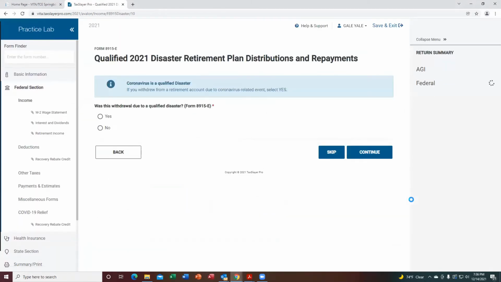Now, you've got to remember, even though we entered all that information, it happened to us a lot last year because of the COVID situation that we're in. We saw a lot of people having early distributions on a retirement plan, and 9 out of 10 times it was COVID related.